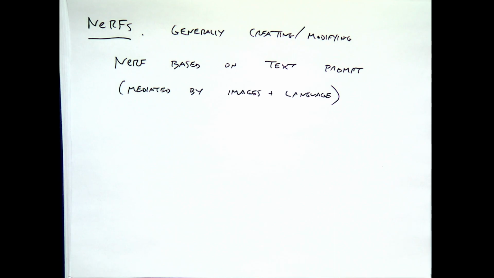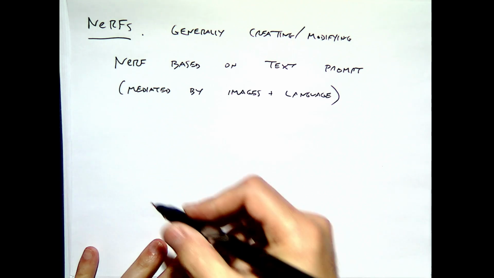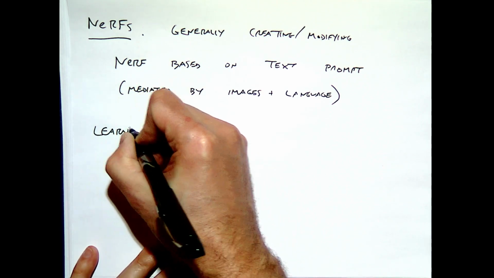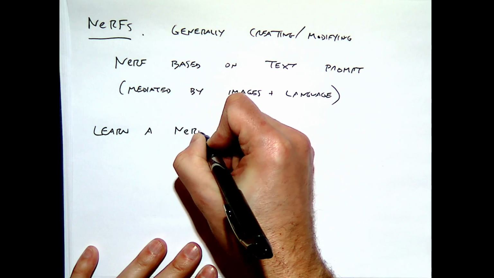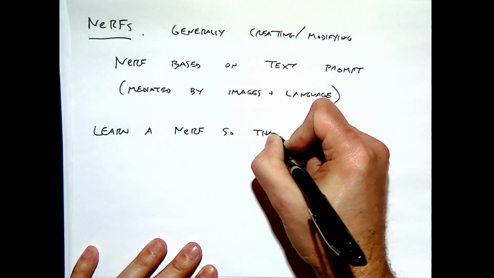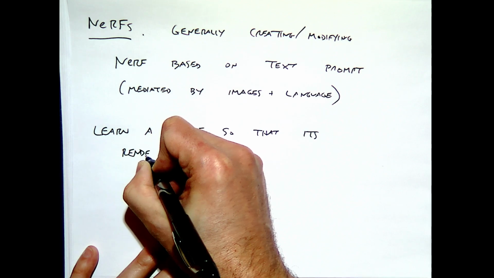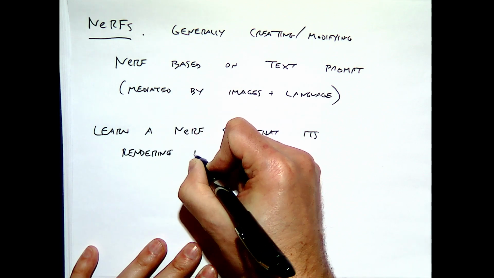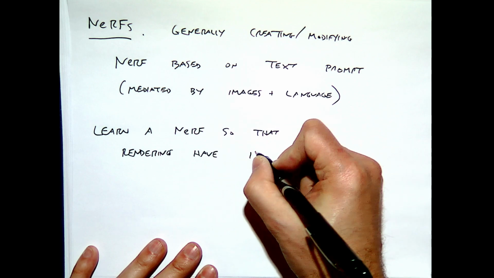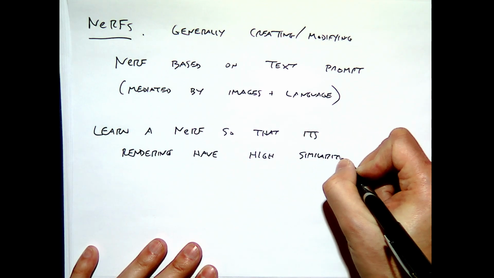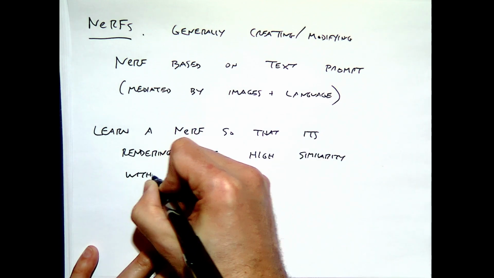So at a high level, the idea is to learn a NeRF so that its renderings have high similarity with a text prompt.